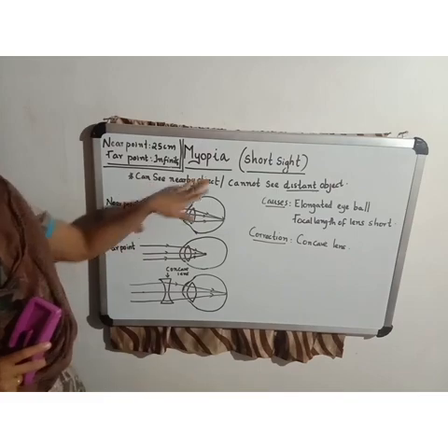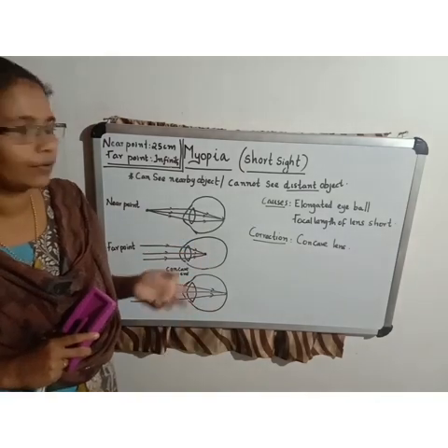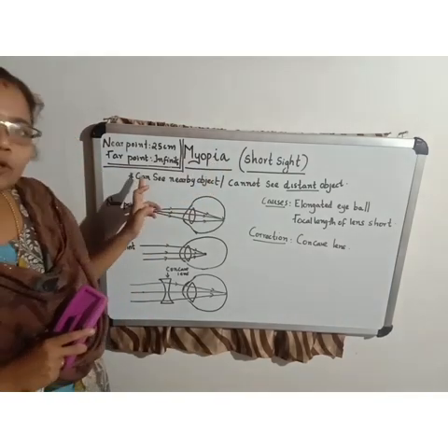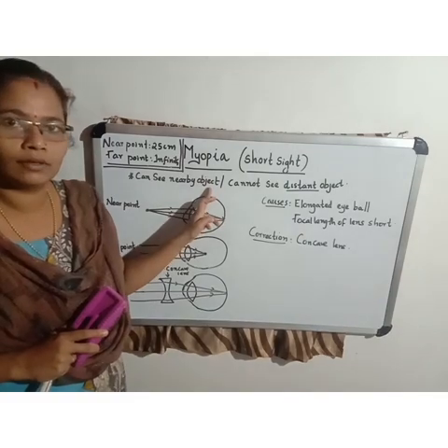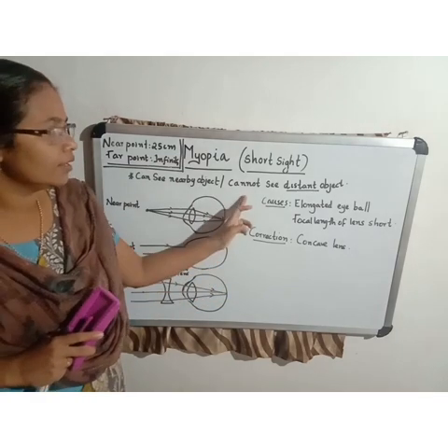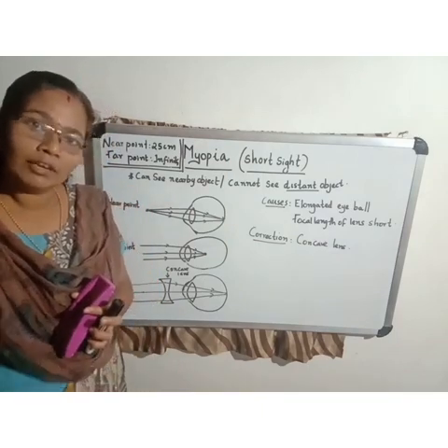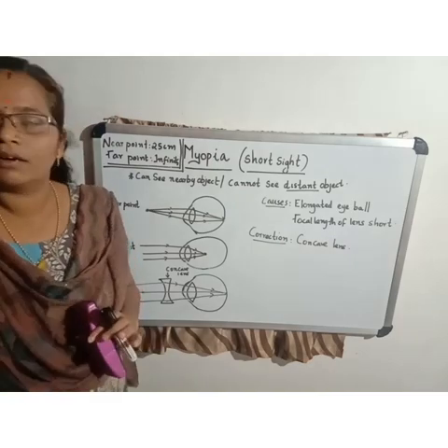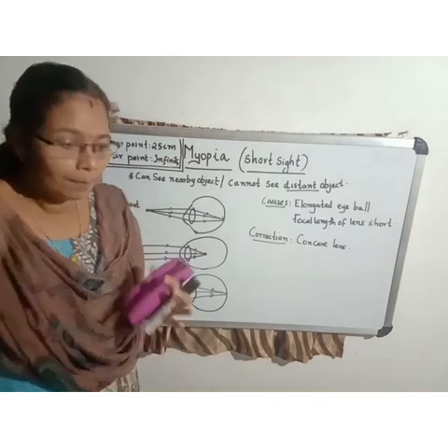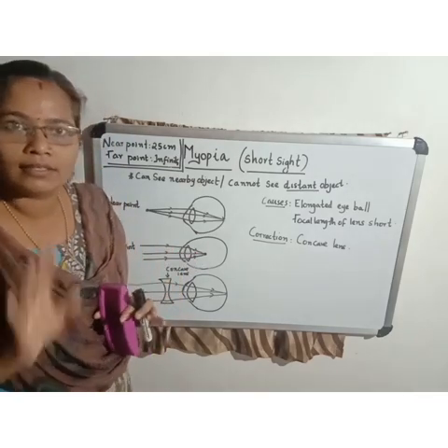Now, short-sightedness is very familiar nowadays, especially among children. A person with a short-sighted, or myopic, eye can see nearby objects but is unable to see distant objects. If you keep an object very far away, he or she will be unable to see it, but if you keep it nearby, he or she can see it clearly.